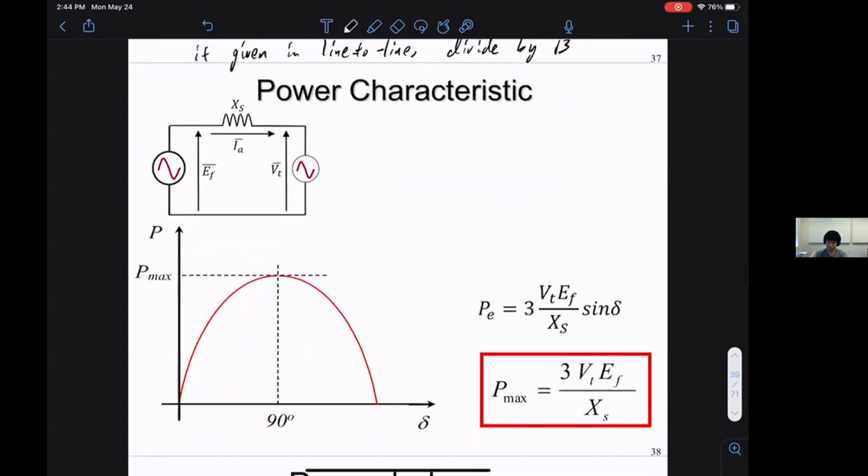No, so you maximize this value. This value has a maximum when delta is at 90 degrees, and sine of 90 is 1. Oh, okay. Thank you. So you maximize over this equation. P max occurs when delta equals 90 degrees, so that's when the maximum occurs.